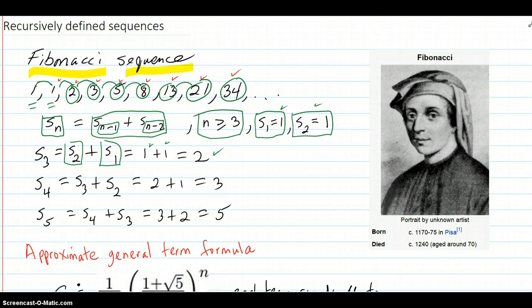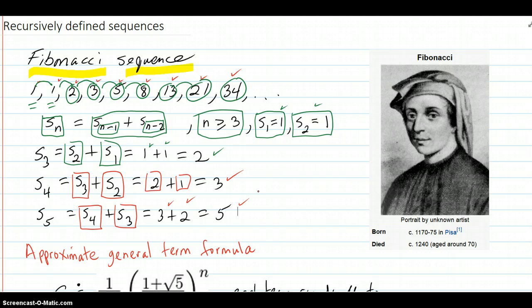And then S4 will equal S3 plus S2, the previous two terms. S3 was just figured out to be 2. S2 was given to be 1, so that's equal to 3. And so you can see that the recursively defined sequence is matching up to the Fibonacci.